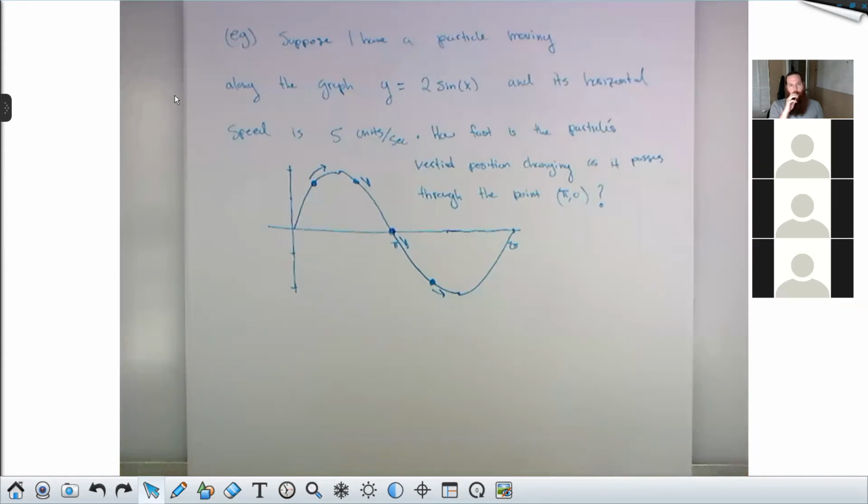What does the question say? It says how fast is the particle's vertical position changing. Sorry, this doesn't want to focus. I'll change the pen. I think it's the color of pen that it's not liking. Yeah. How fast is the particle's vertical position changing as the particle passes through the point pi comma 0?